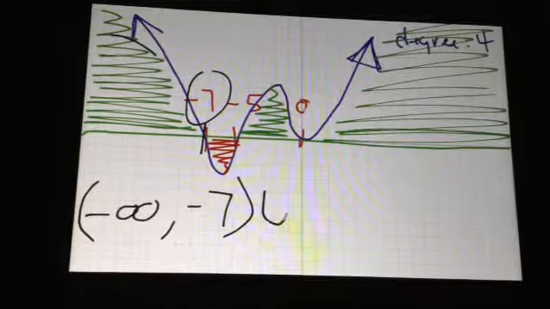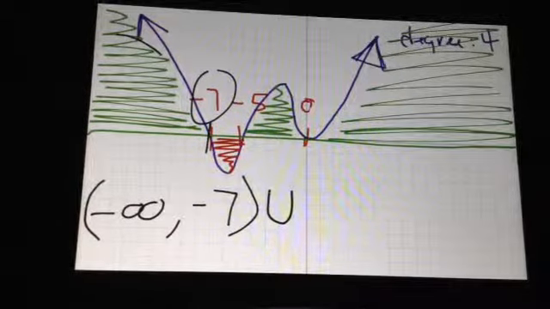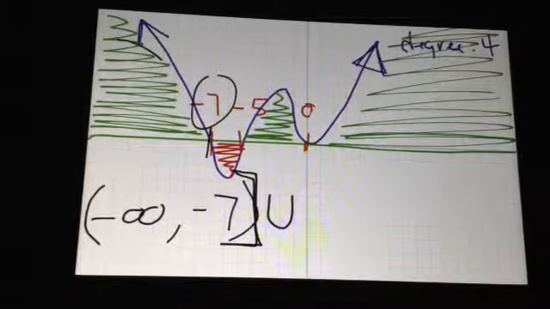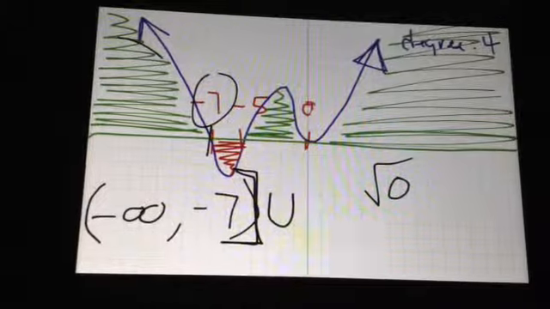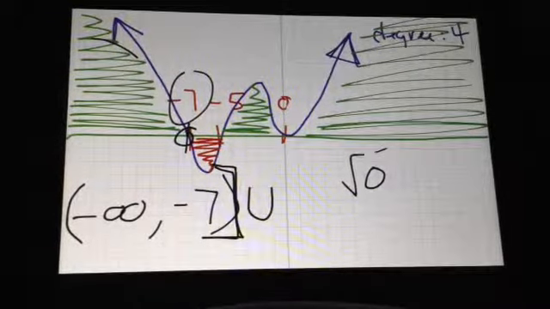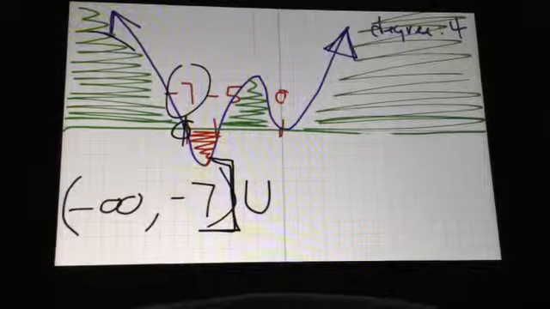And then we put a U between it. It's called union. Oh, and you want to include negative 7, because we can take the square root of 0, and at negative 7 it's 0, right? Because it's an x-intercept. So we include negative 7.